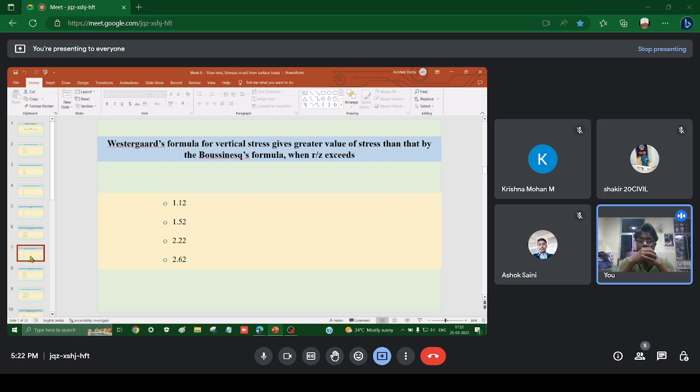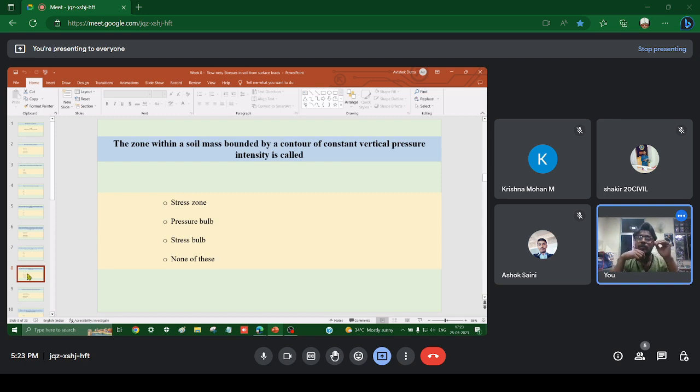Westergaard's formula for vertical stress gives greater value of stress than that by the Boussinesq formula when R by Z exceeds 1.12, 1.52, 2.22, 2.62. Next question. The zone within a soil mass bounded by a contour of constant vertical pressure intensity is called.